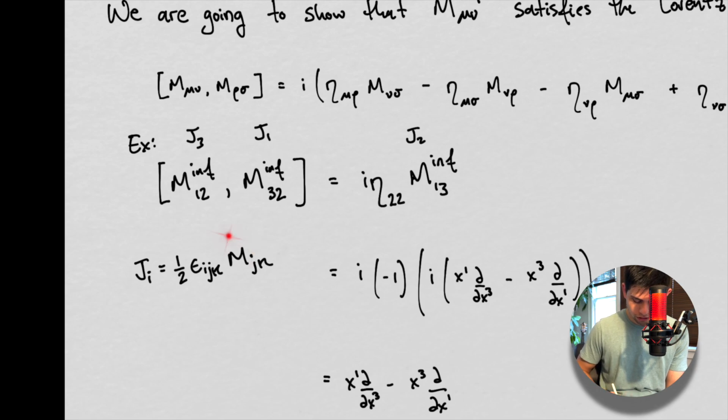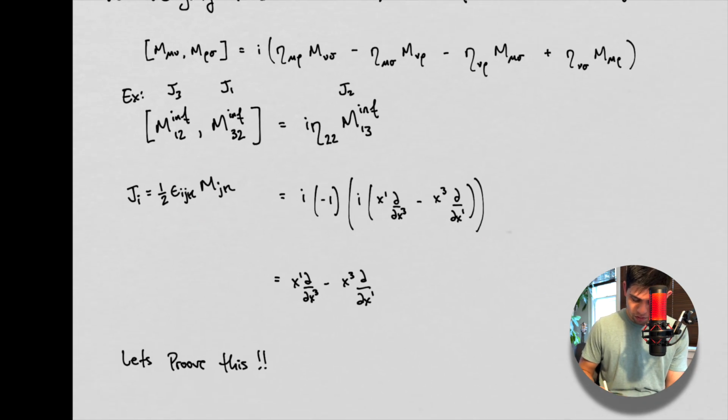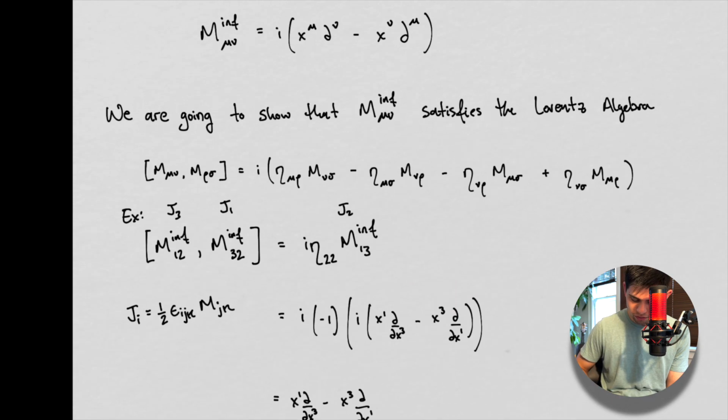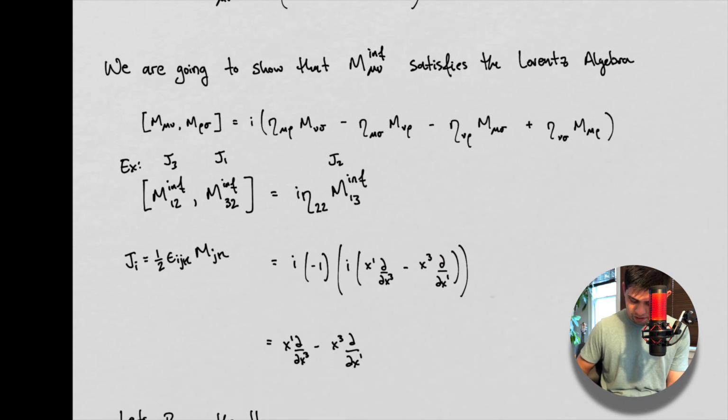Right? So recalling this guy, we want this to be true. Right? So J2 is M13 in the infinite dimensional space. And so we have 1, 3, 3, 1. That's how we're defining this guy up here. We have our i, we have our -1 and our i, and we get this.